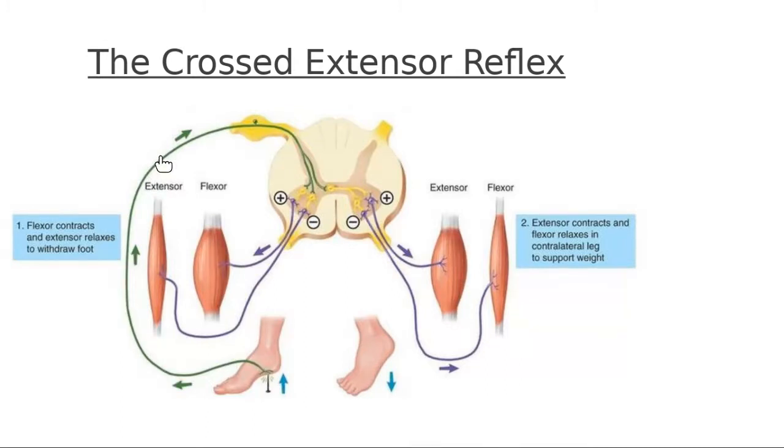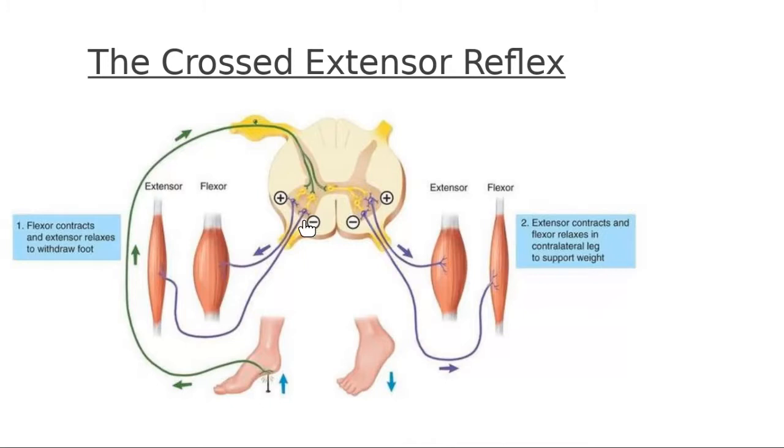That sensory information goes up, here we are, the dorsal root ganglion, into the dorsal horn. Now check this out. One, two, three different interneurons that sensory information is sent to. That sensory information goes to those three different interneurons because one of them is going to send a positive message to a flexor muscle.